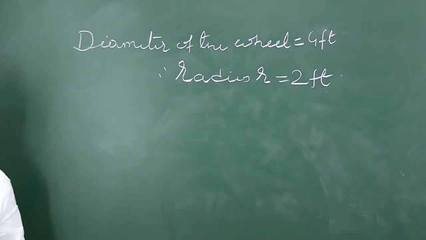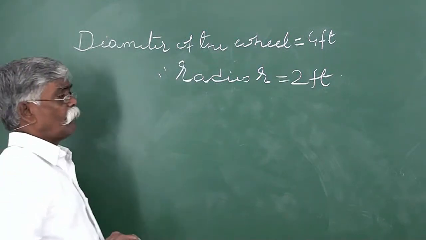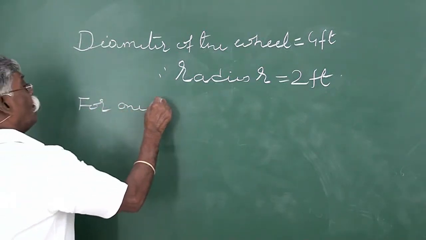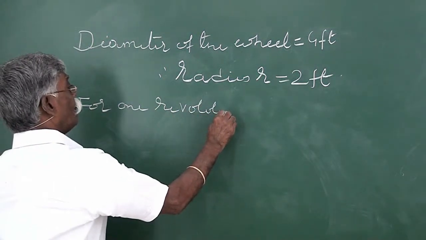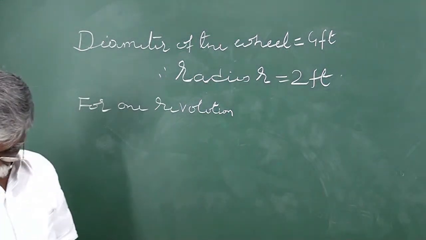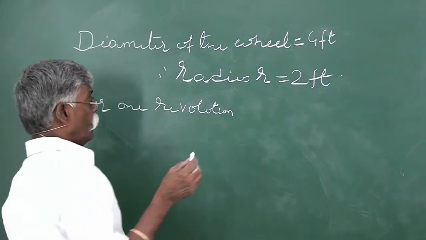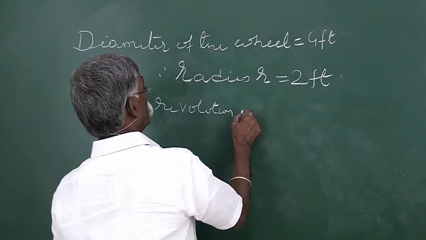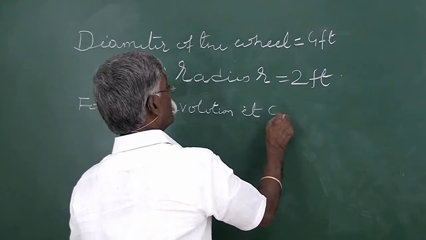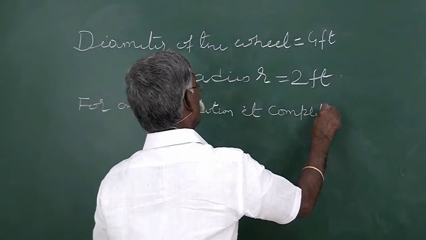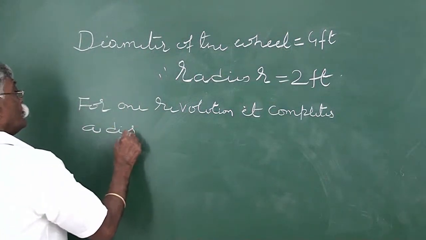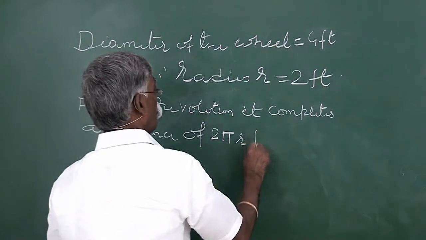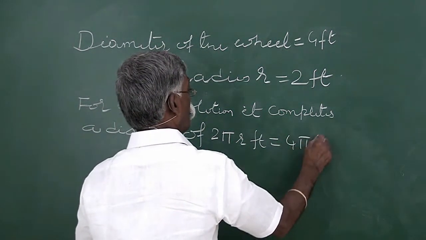So the radius of the wheel is 2 feet, and for one revolution it completes a distance of 2 pi r feet, which is equal to 4 pi feet.